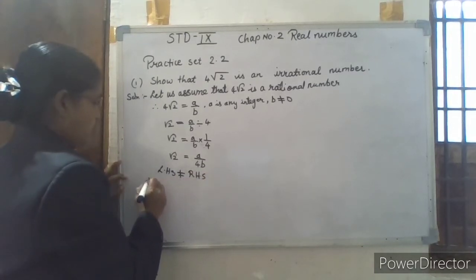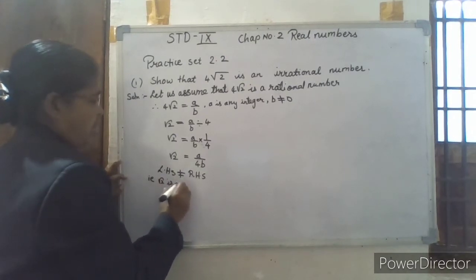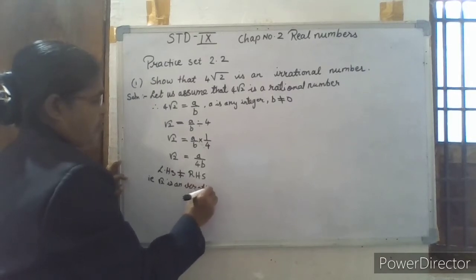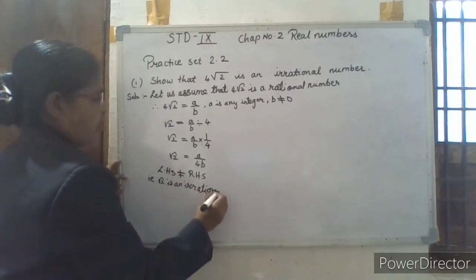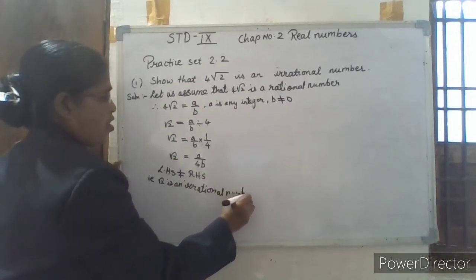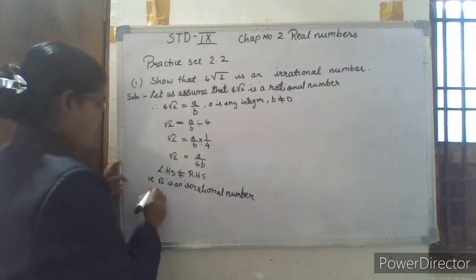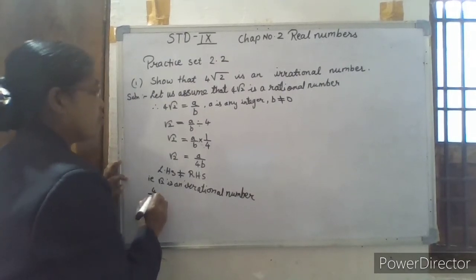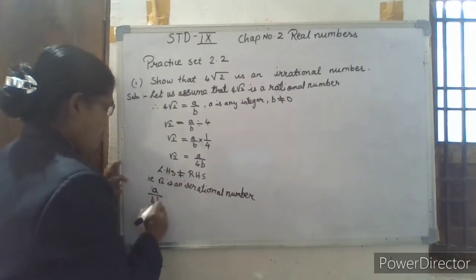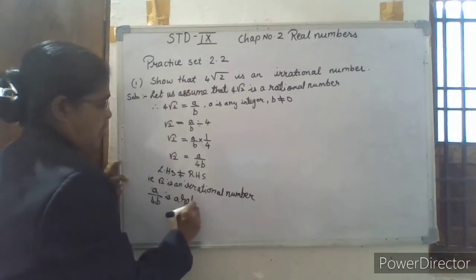That is, root of 2 is an irrational number and a by 4b is a rational number.